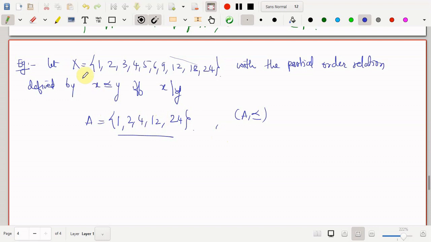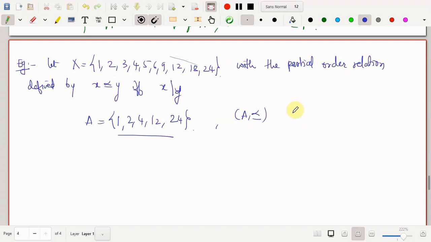But if I choose A as the whole set X itself, that will not be true, because it is not a total order relation on this set X. Because if I choose 2 and 3, neither 2 divides 3 nor 3 divides 2, and therefore any set containing 2 and 3, or any such pair that is not relatable, cannot be called a chain.